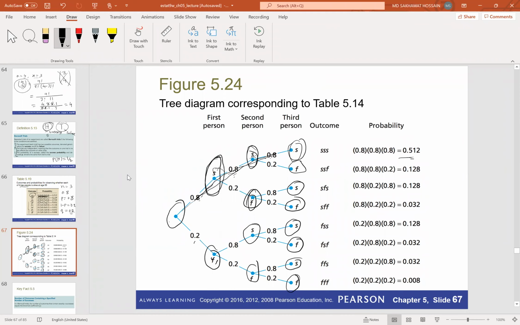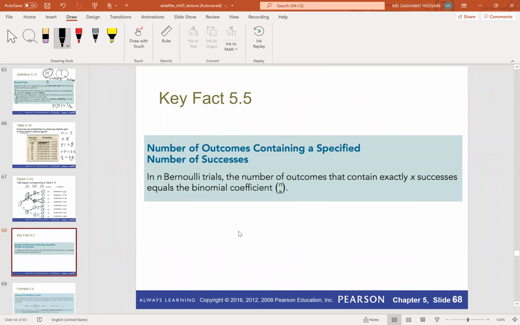And if you go from here to here to here, then S, F, S. If you go here to here from here, then S, F, F. And if you go here, then there, then this point, then it will be F, S, S, F, S, F, F, F, S, F, F, F. So by multiplying, you can calculate the probability. Okay.